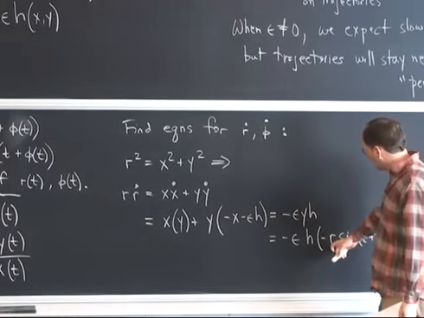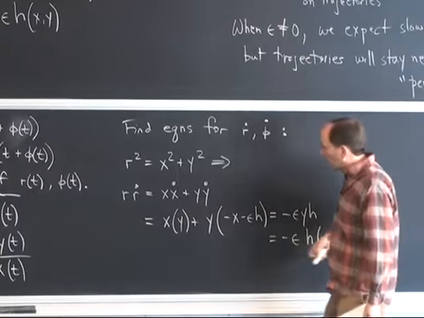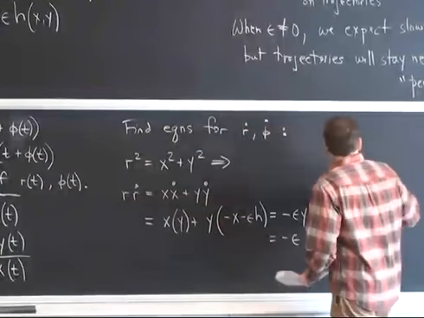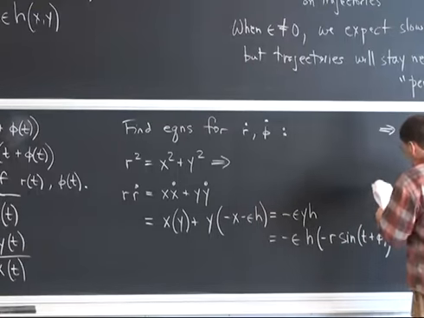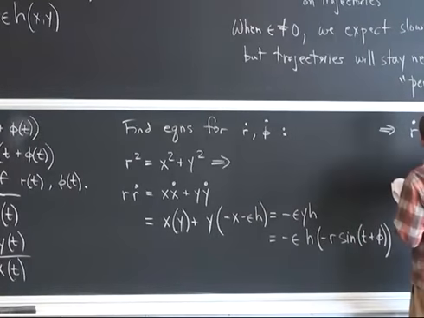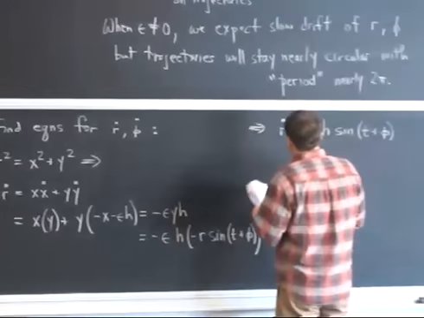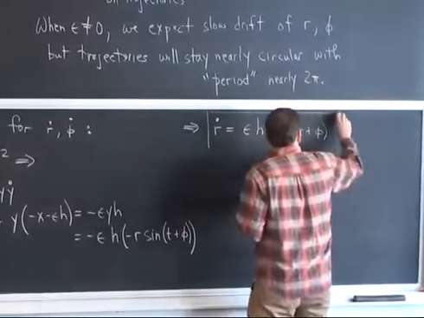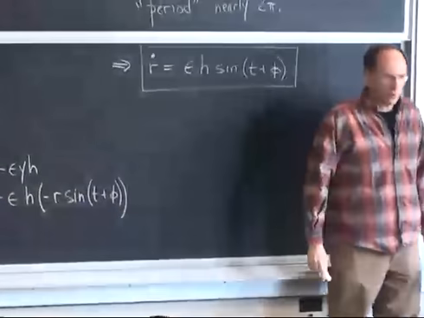And actually, we can cancel out this r with that r, and we end up getting r dot is epsilon h sine of t plus phi. And let's put that in a box. That's one of the equations we were shooting for.